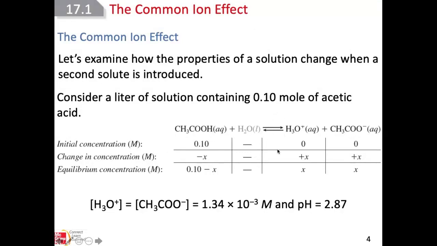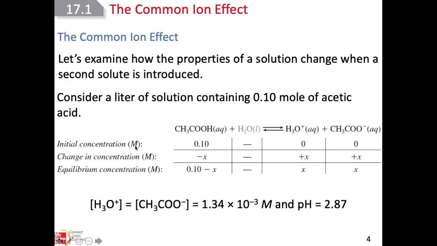Now we want to find out what will be the concentration of a hydronium ion when we take 0.1 mole of acetic acid in water. Initial concentration of acetic acid is 0.1 molar because we have 0.1 mole and the volume is 1 liter.